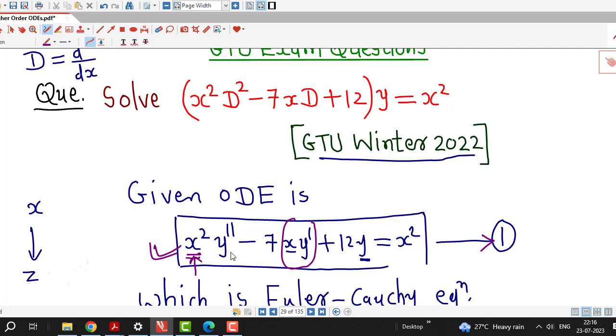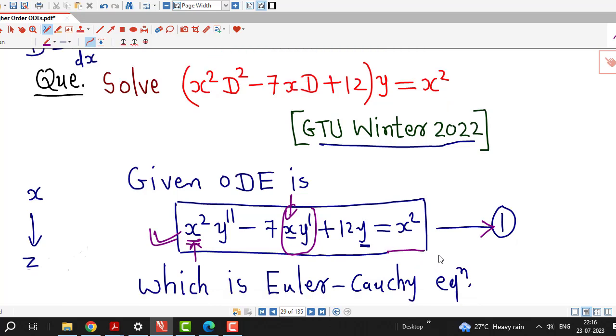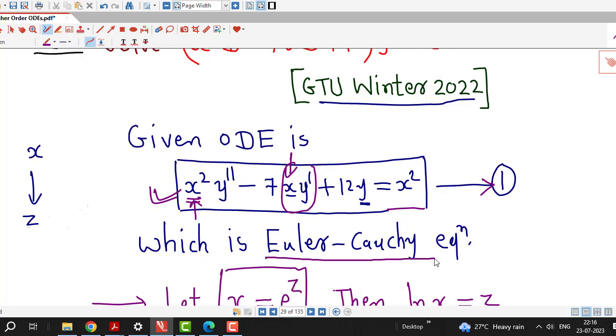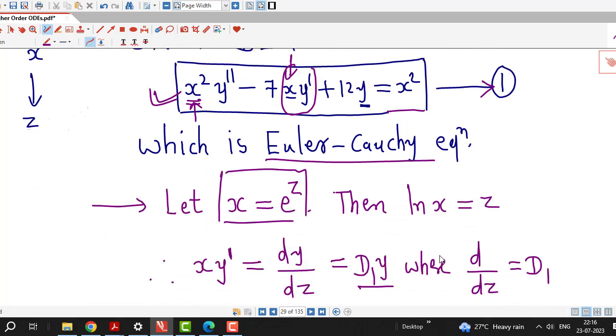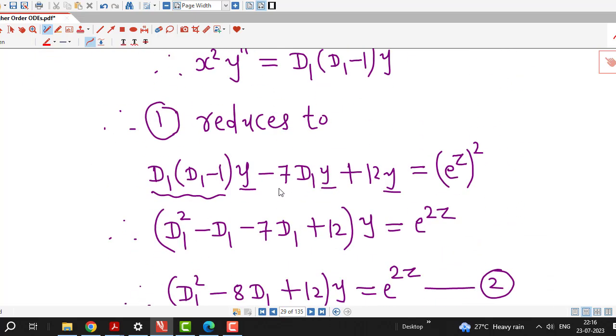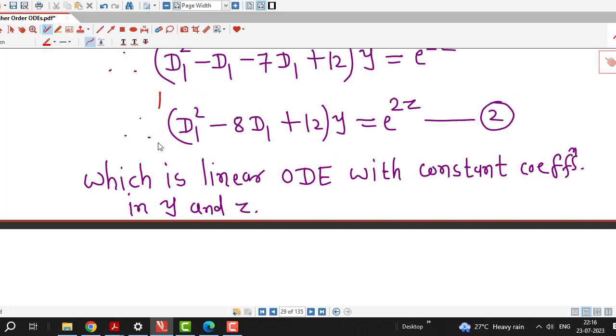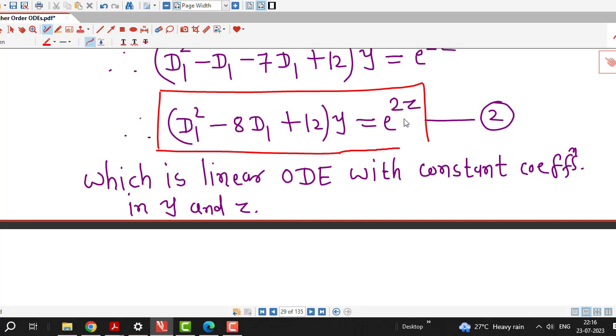You can see here the coefficient of y double dash is x square. Here also the coefficient is a function of x, which is 7x. So this equation is not a differential equation with constant coefficients, and we know that it is an Euler-Cauchy equation. Therefore we can always convert an Euler-Cauchy equation into a differential equation with constant coefficients using the transformation x equal to e raised to z.